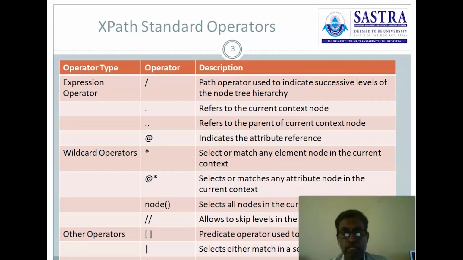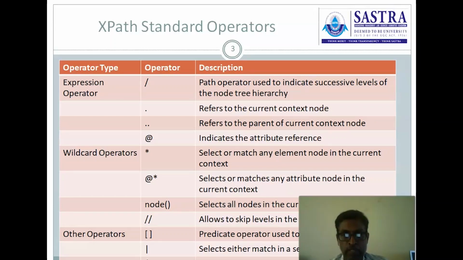Already we have discussed select equal to, the attribute available in apply-templates. Select and match are available in the template and apply-templates tags. In those cases, if you want to select any element node in the current context, it will be referred to by means of star.